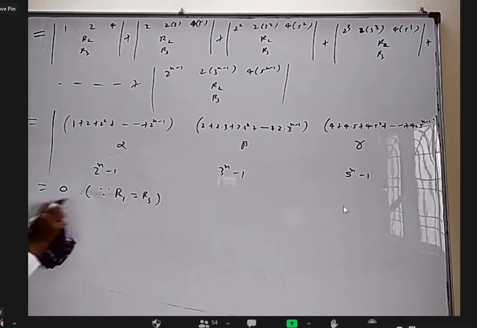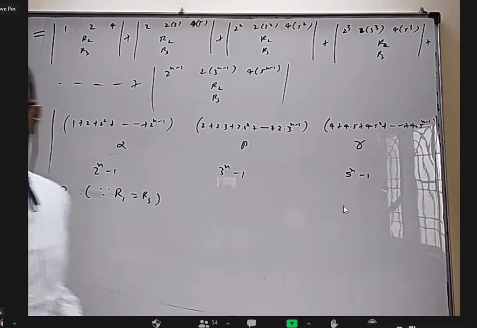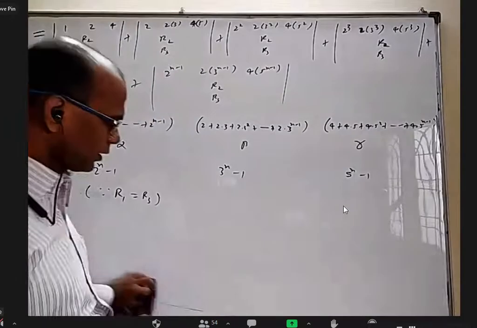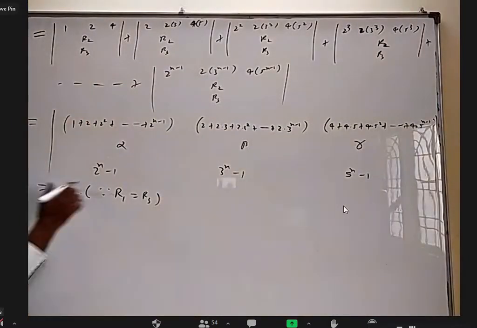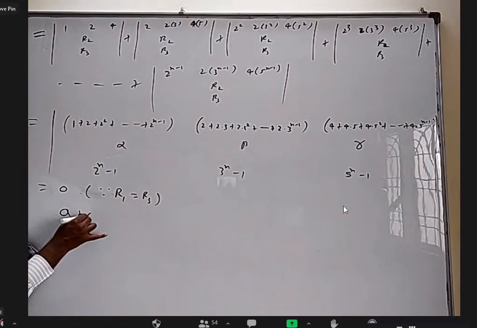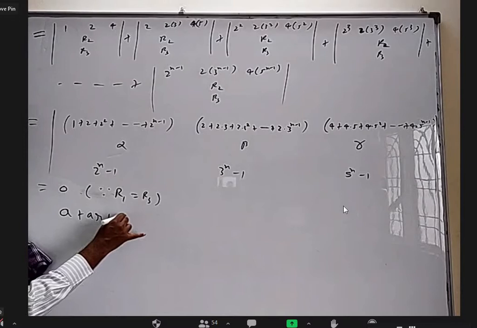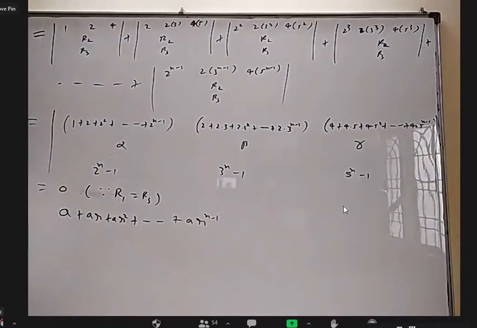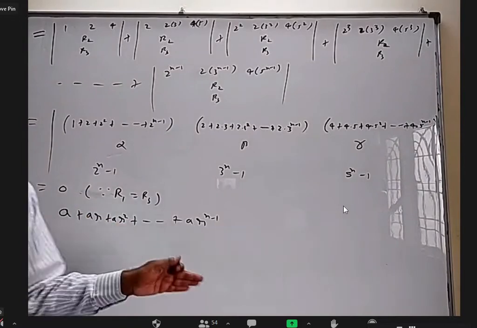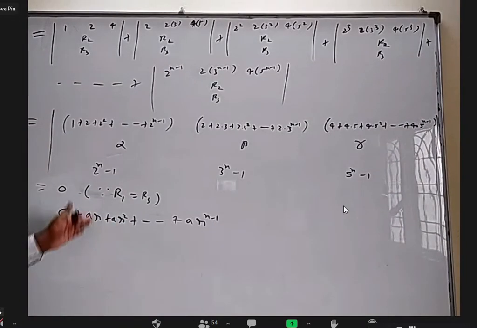How are first and third equal? Some people don't know about geometric progression. Don't worry, we'll take separate classes. But right now, I'll give you a formula. If you have a plus ar plus ar square, and so on up to ar power n minus 1, like in arithmetic progression you keep on adding d, here you keep on multiplying with r.